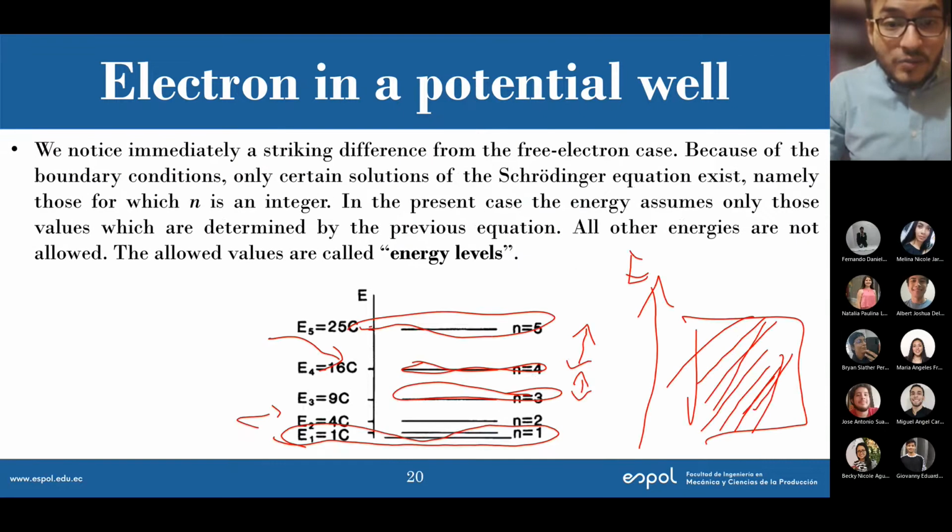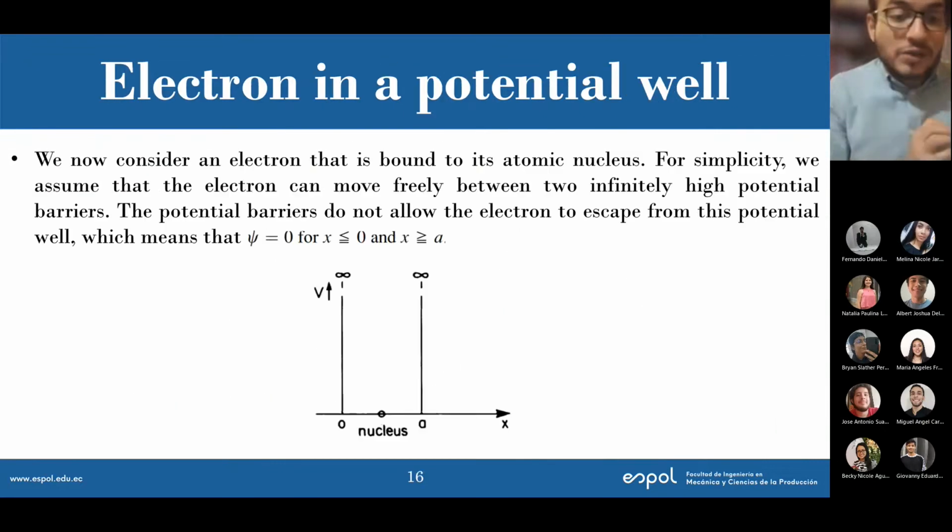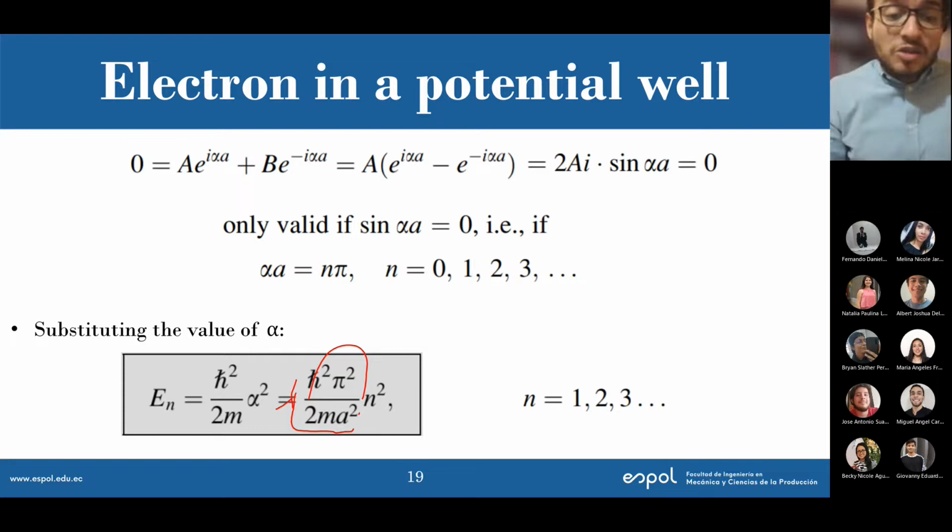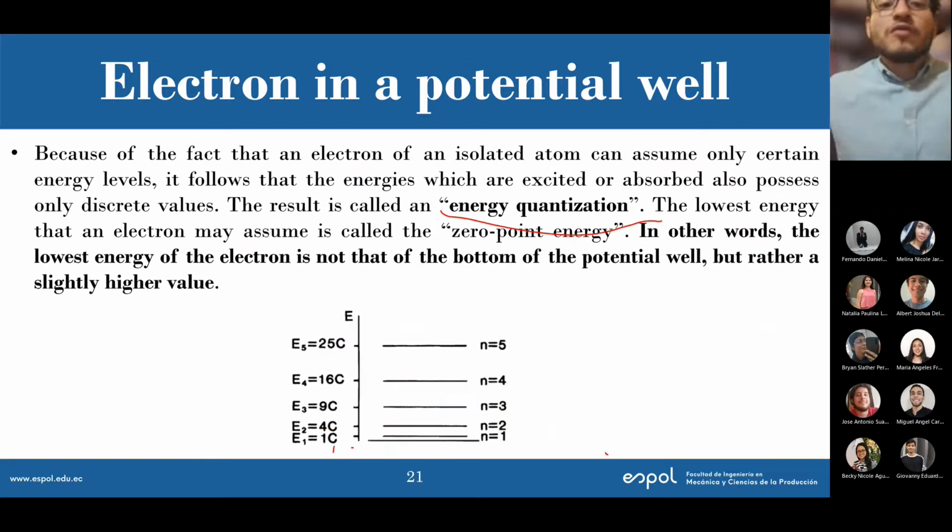So if we remember the potential well, this one is not really here. It's not really at the bottom, okay? It's slightly above that bottom. So it's somewhere actually here. It's just slightly above the bottom of the well. And that's the 0-point energy. That's the lowest value of energy that an electron can assume or can get.